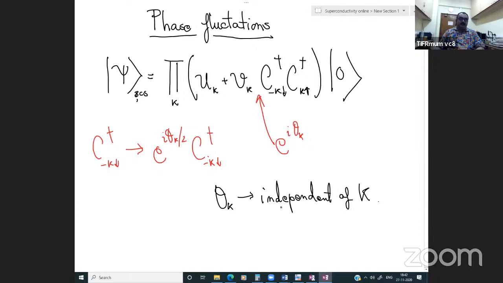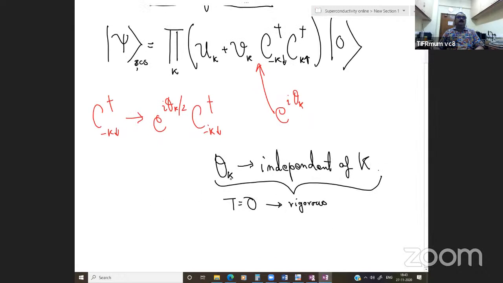What they assumed is that you get into a phase coherent state at T equal to 0, which you show rigorously, and then you assume that the state will remain phase coherent at higher temperature.